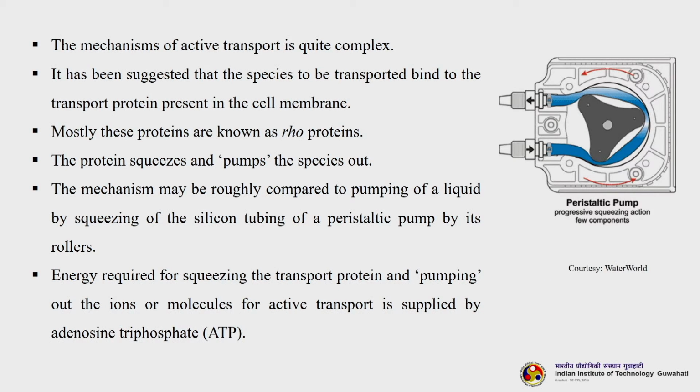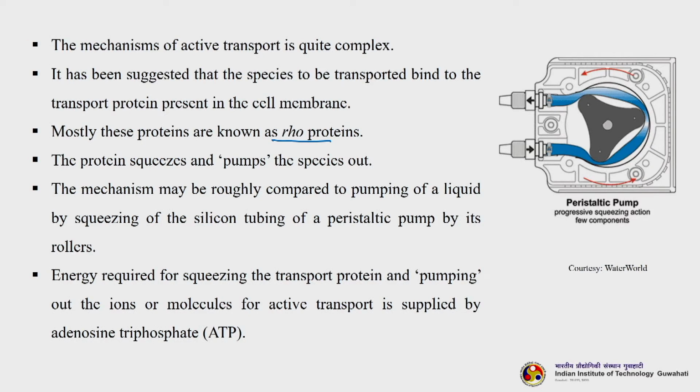Okay. So, the mechanism of active transport is quite complex. It has been suggested that the species to be transported bind to the transport protein present in the cell membrane. So, there are certain proteins present in the cell membranes of even our cells, and animals and all mammals. Those proteins are called transport proteins. Some of the specific proteins are also called Rho proteins. Now, what is the job of these proteins?